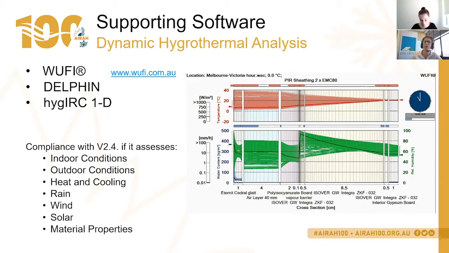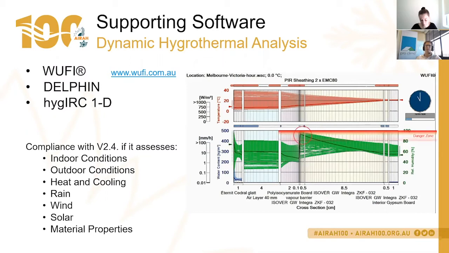There's more, but what they are able to do is assess against the criteria in the building code, which is exterior weather conditions, the internal temperature and humidity conditions, and all the construction materials used in that build-up, and in particular the insulation systems and how that relates to all the other material layers in the system.